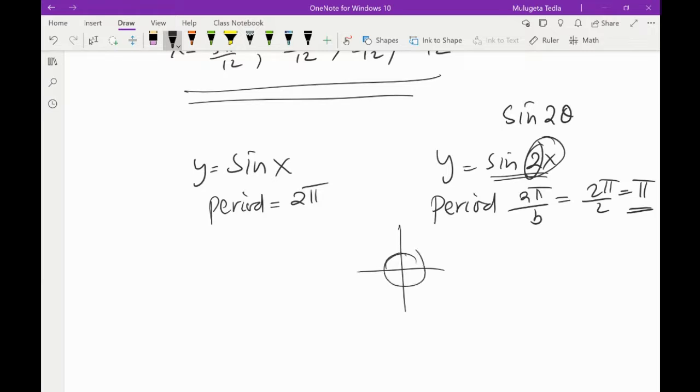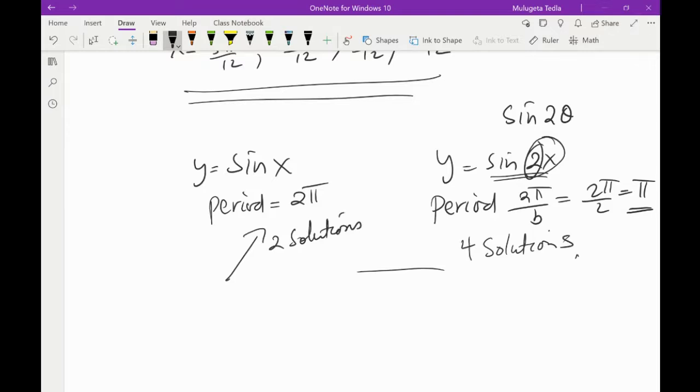for this one it was this, but the number of solutions for this will now be doubled compared to the other one, because the plane is divided. For example, instead of 2 solutions here, you will have 4 solutions here, because the period is cut in half.